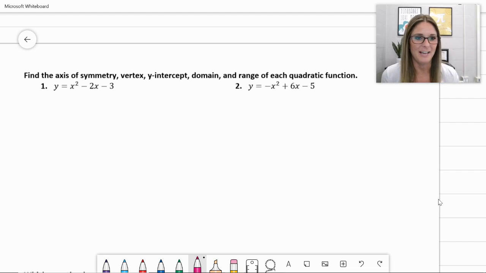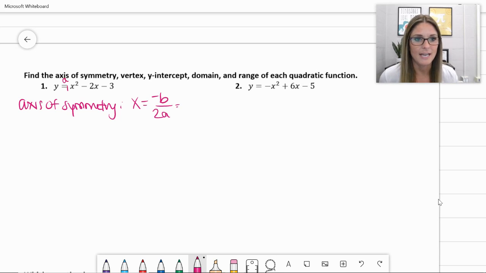Let's start with number 1. We're going to find axis of symmetry. Now, this is in standard form. Y equals x squared minus 2x minus 3. On your notes, we find the axis of symmetry by doing -b over 2a.